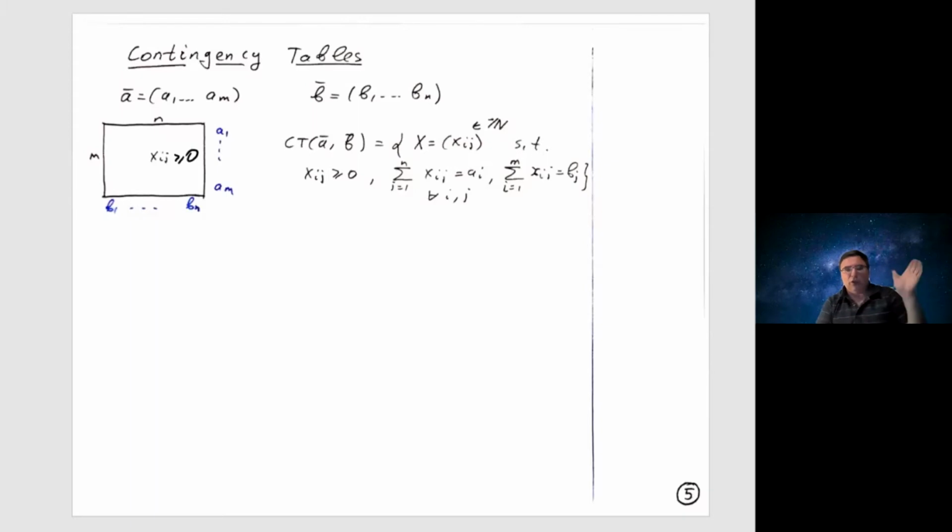You're given two vectors, a1 up to am and b1 up to bn, and you want to know how many matrices there are with given row sums and column sums. Again, the decision problem is completely trivial. Well, maybe I can just tell you the answer. What you need is that the sum of the ai's equals the sum of the bj's. That's all you need for the decision problem to say yes.